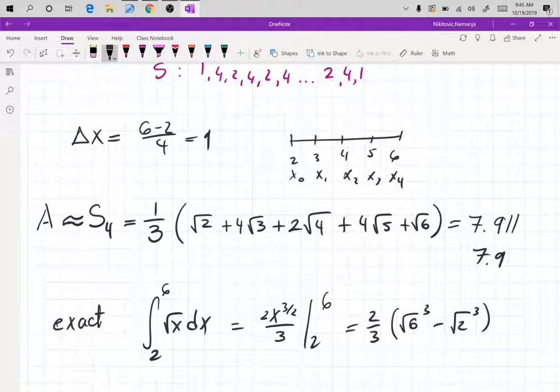And that's the exact answer, right? But again, this particular function was easy to integrate, and you can compute this value if you care. But as soon as you compute square root of 6 and square root of 2, which are both irrational, you are immediately going to start approximating. So that's the exact answer. You cannot do better than that.